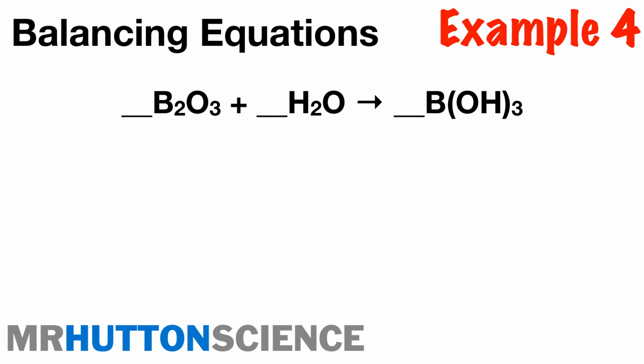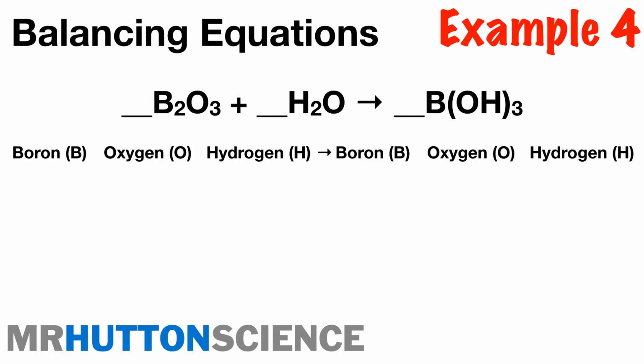Okay, we've got a more difficult one here where we've got on the right hand side in our reactants, boron hydroxide. So we've got the OH inside the brackets there with a 3 outside. Alright, so again we can just look at boron, oxygen and hydrogen, and to start with just add up the number of each type of atom we've got in the equation to begin with.